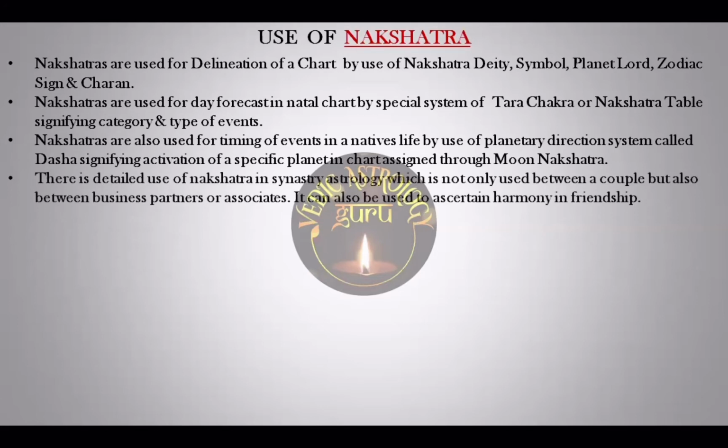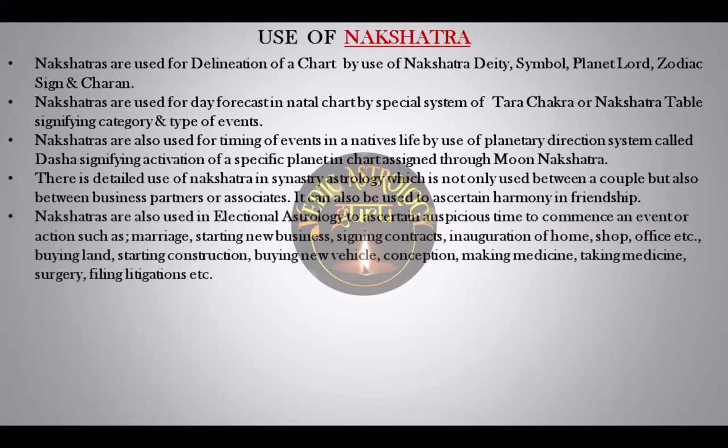There is detailed use of nakshatra in synastry astrology, which is not only used between a couple, but also between business partners or associates. It can also be used to ascertain harmony in friendship.